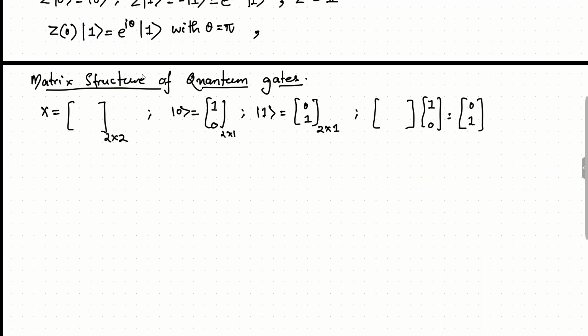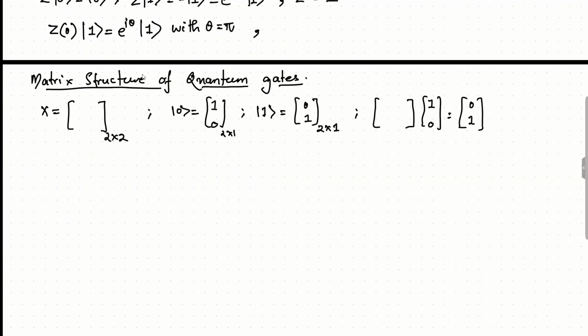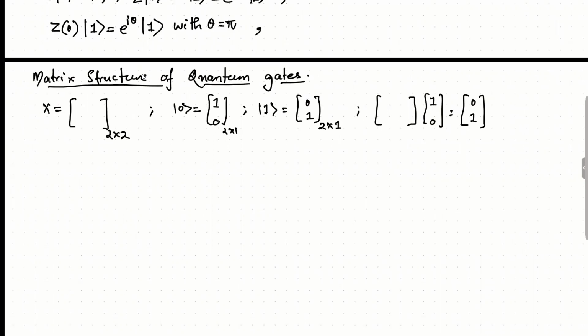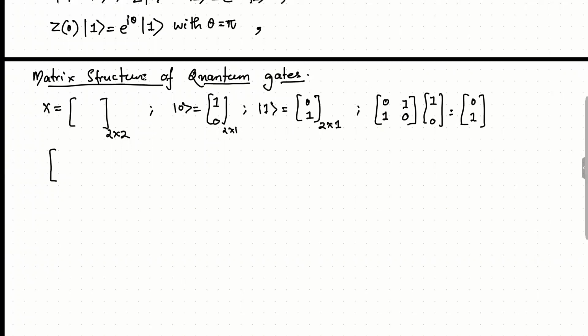And a quick inspection can give us the result that for this to happen, the matrix must be 0 1 1 0. Also, to give us a state of 1 0 from 0 1, so here it took state 0 to state 1, right?